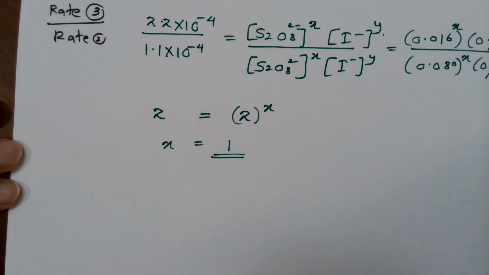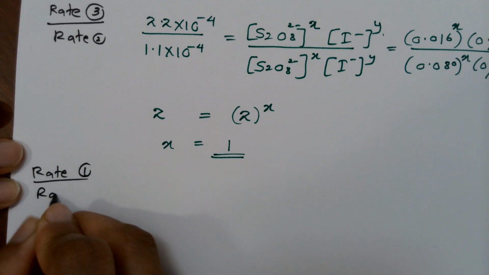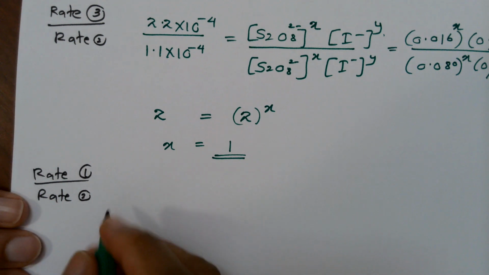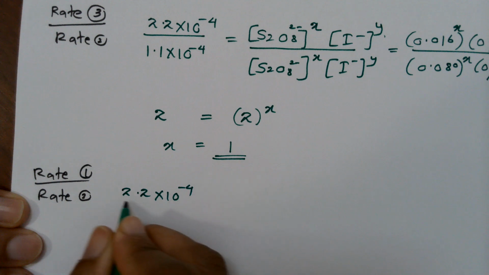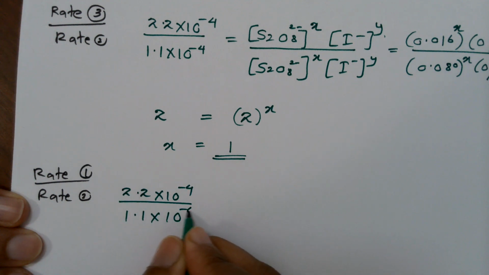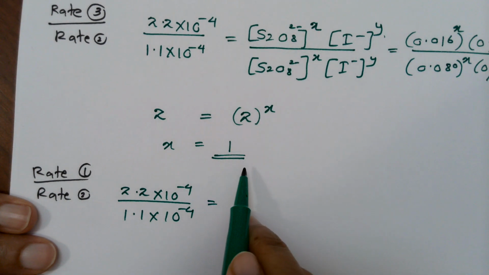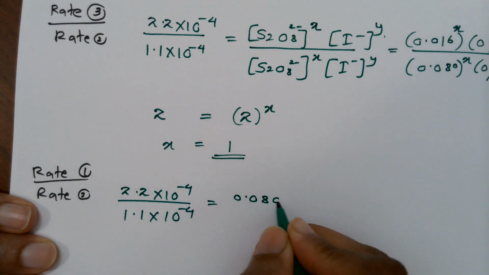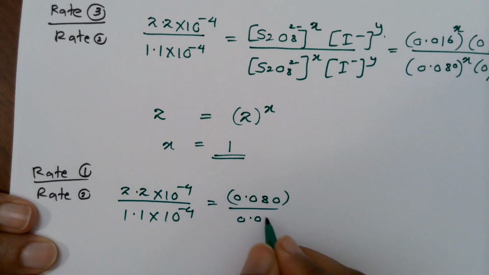So rate 1 is again 2.2 times 10 to the negative 4, divided by rate 2, which is 1.1 times 10 to the negative 4, is equal to the S2O8 concentration here in the first one, 0.080, divided by 0.080.